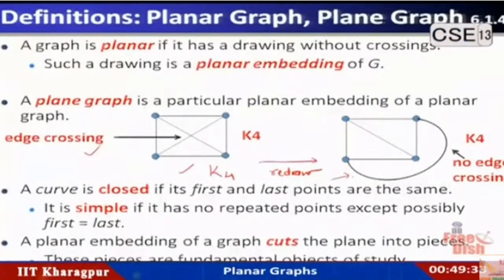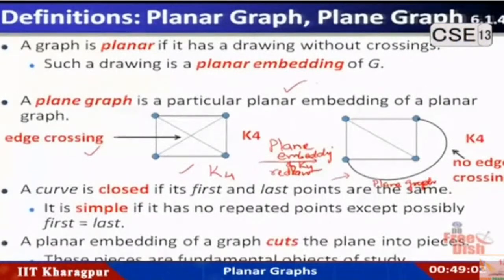So we have obtained a planar or plane embedding of the given graph K4. This is called a plane graph because we have obtained an embedding without edge crossings. A plane graph is a particular planar embedding of a planar graph.